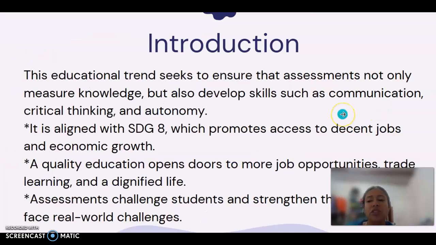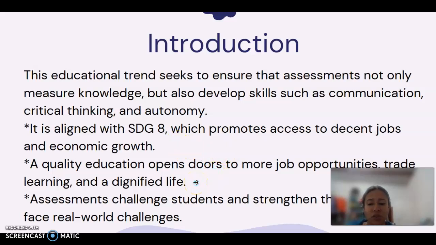Introduction. This educational trend seeks to ensure that assessment not only measures knowledge but also develops skills such as communication, critical thinking, and autonomy. It is aligned with SDG 8, which promotes access to decent jobs and economic growth.